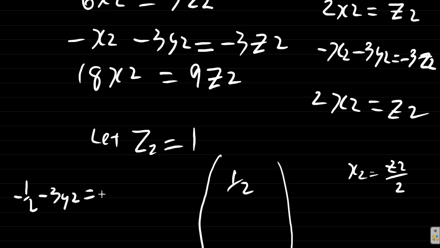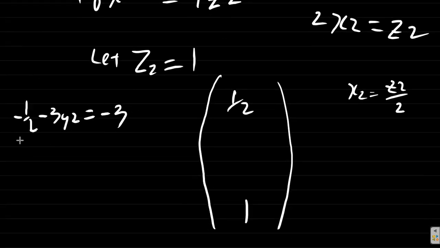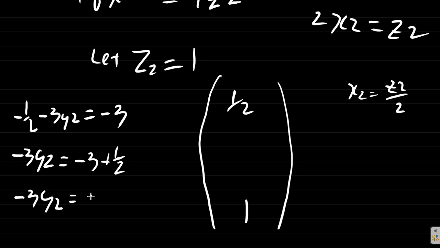But z2 is 1, so it's negative 3. So we can find y2. Add half to both sides. Negative 3y2 equals negative 3 plus half. So what is negative 3 plus half? It's going to be negative 2 and a half, which is negative 5 over 2. So negative 3y2 equal negative 5 over 2.